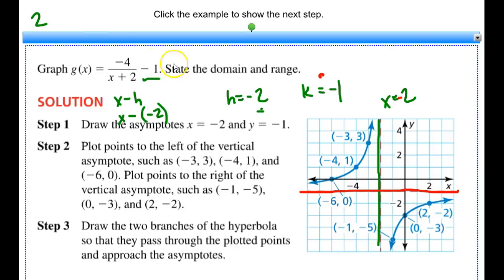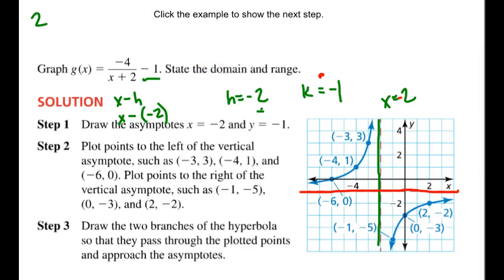Oh, one thing on our previous page that we forgot to do was state the domain and range, right? This is going to be very important. Now remember that the domain is all x values and the range is all y values. So when we're dealing with our parent function, it was all real numbers except 0 for both of these. Well, now that I have an h and a k, that changes my domain and my range. So my domain, again, is all my x values.